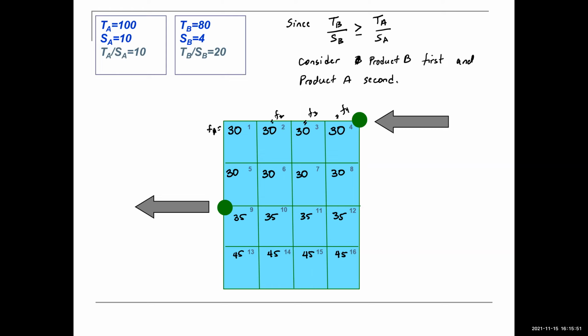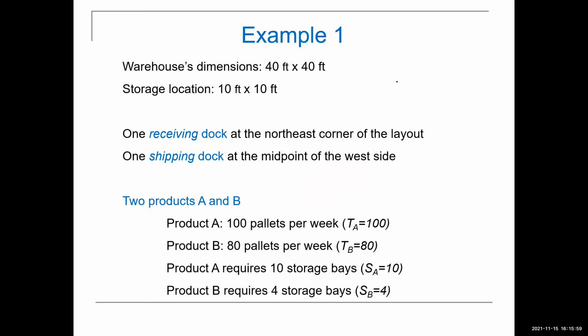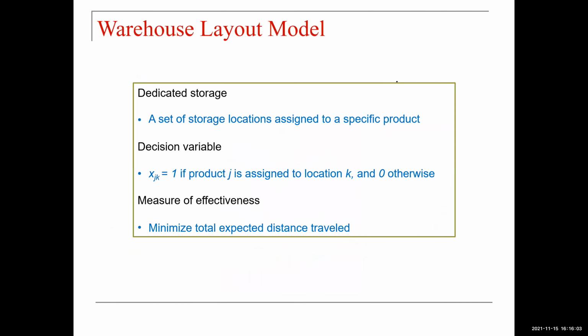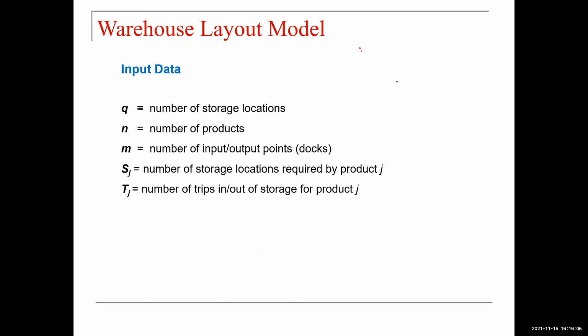So what these ratios are telling you is, let's go back to the definition of these ratios. TJ is the number of trips in and out of the storage, and SJ is the number of storage locations required by the product.